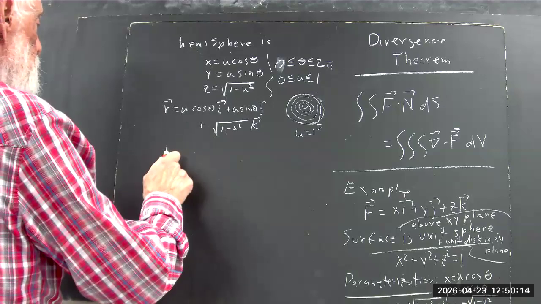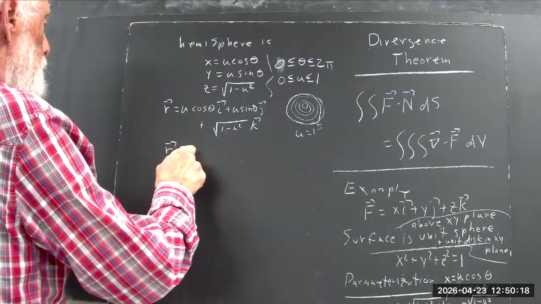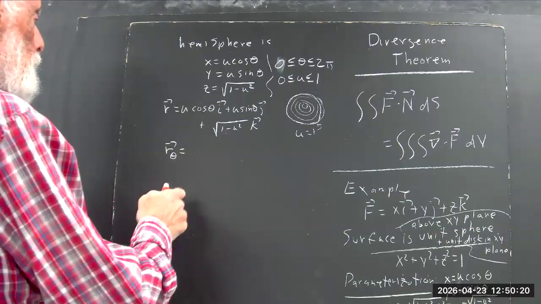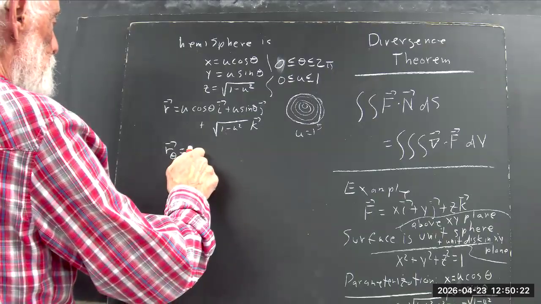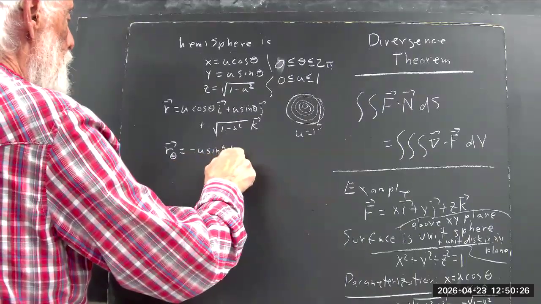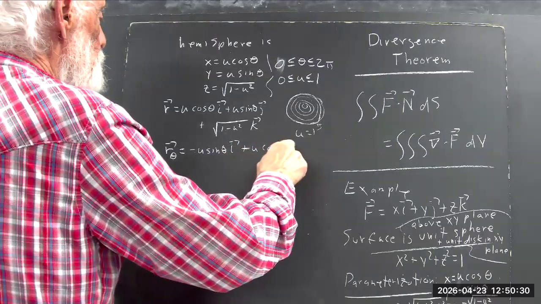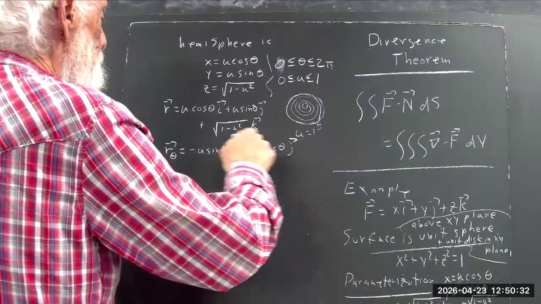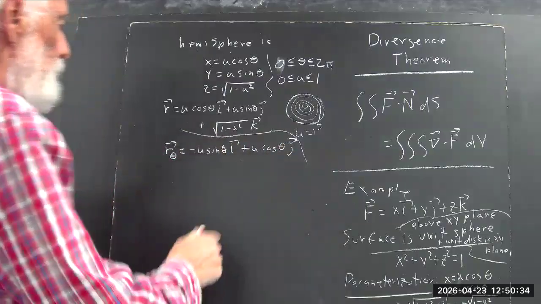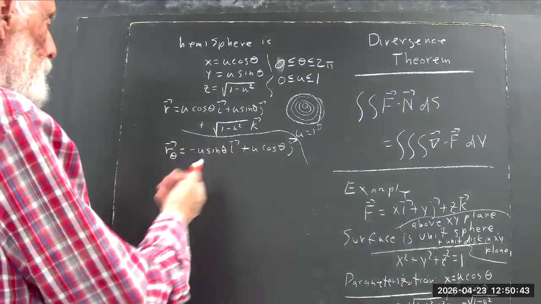So you do R theta, sorry. The derivative of R with respect to theta is just negative u sine theta i plus u cosine theta j. The k component has no theta dependence. For a given theta, it's always the same.